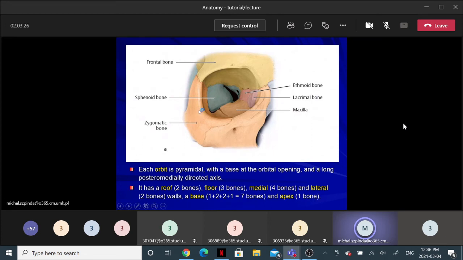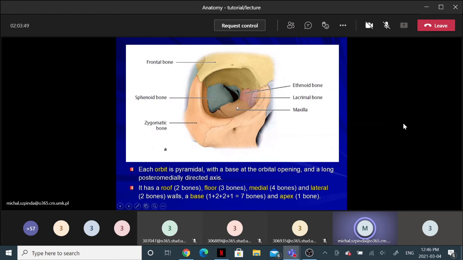A simple canal soon afterwards bifurcates and opens in the zygomatico-facial foramen on the face and the zygomatico-temporal foramen, referring to the temporal fossa.